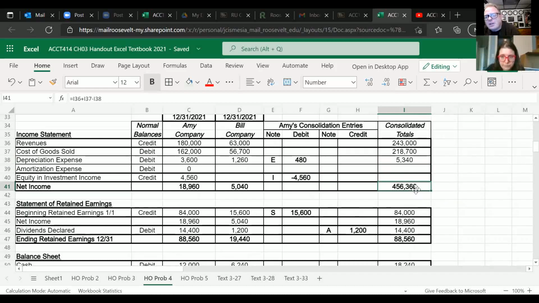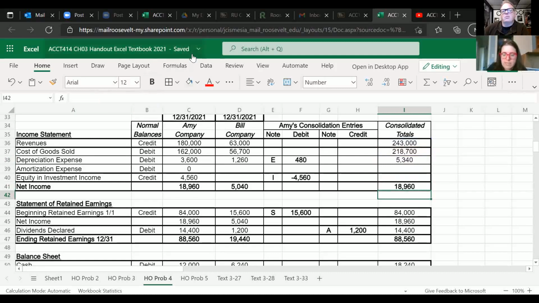456,360. And stop you right there. The cost of goods sold and the depreciation expense will be minuses. You should come up with 18,960. Okay, so I should be, wait, because I take out, oh, you're right. Okay, so I'm taking out, that's right. Because I'm taking out both of those lines.